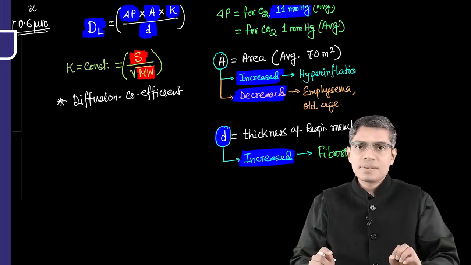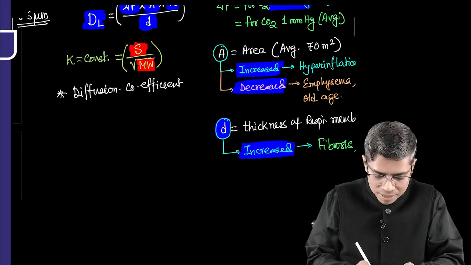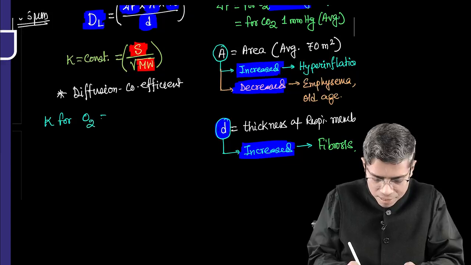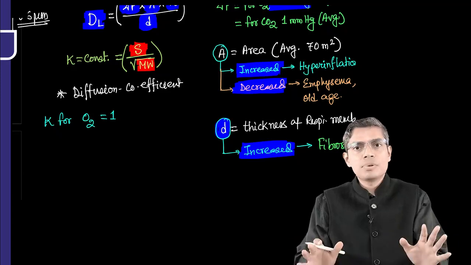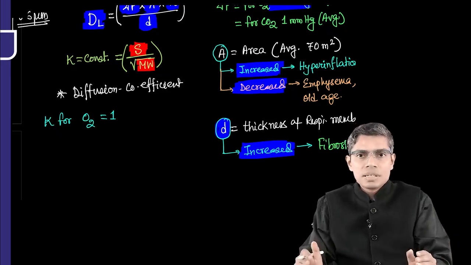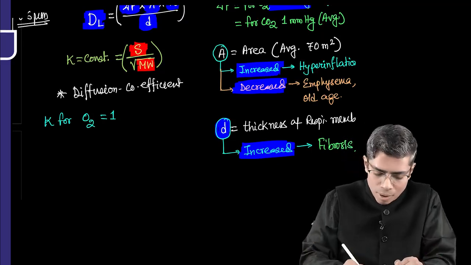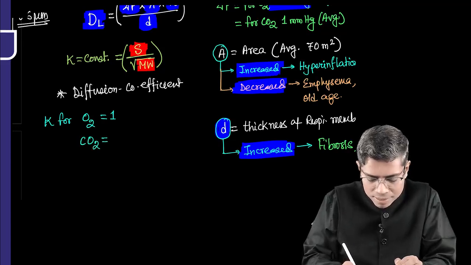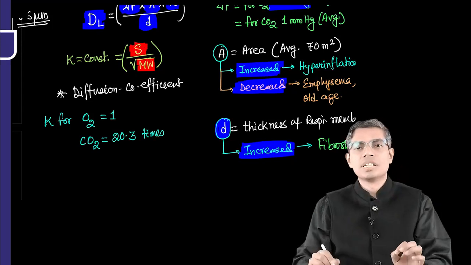So this constant has a value. We assume that the diffusion coefficient K for oxygen is equal to 1. Then the diffusion coefficient of carbon dioxide is 20.3 times that of oxygen.